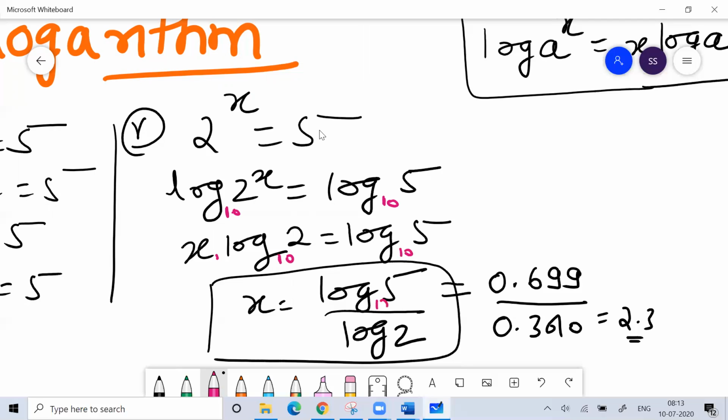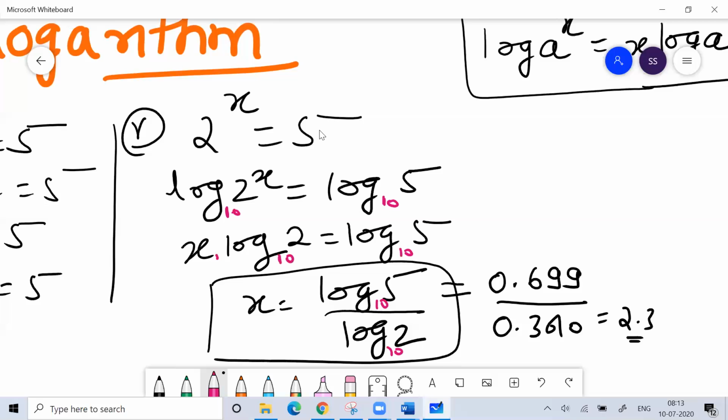Whenever the base is 10, we normally don't mention it; we simply write log x. It's like when the power is 1, we normally don't show it.